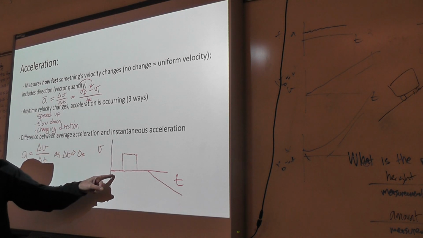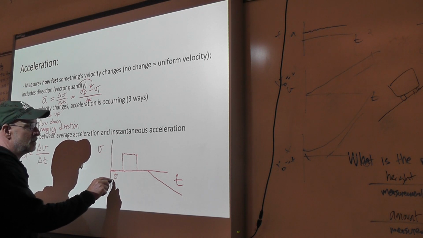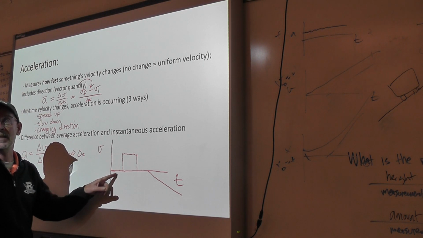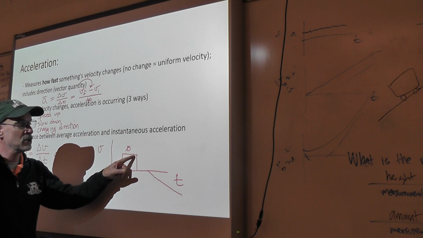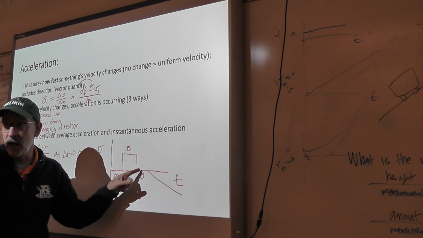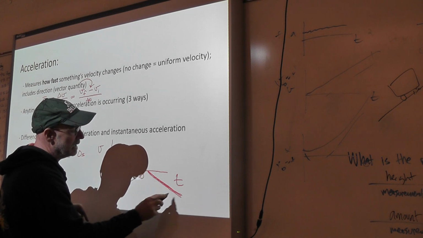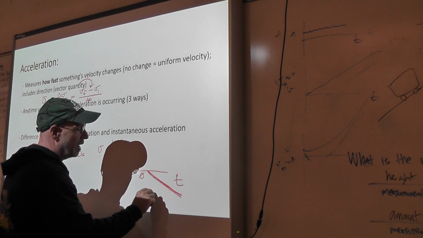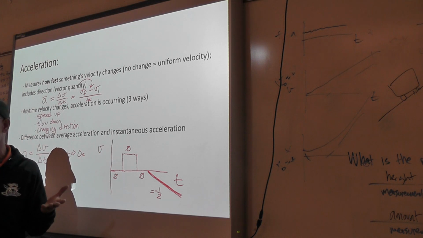The slope of these lines tells you the acceleration. The slope of this line is 0, no acceleration, constant velocity. The slope of this line is 0, no acceleration, constant velocity. The slope of this line is 0, constant velocity. This line, if you did the math, you would have seen that it had a slope of about -1/2, not just about, exactly -1/2.